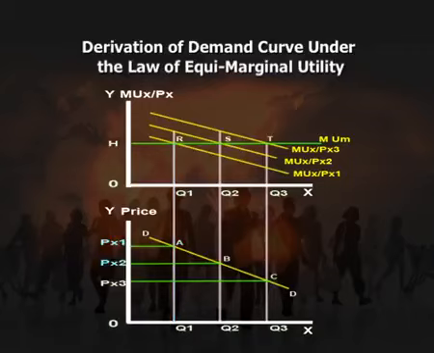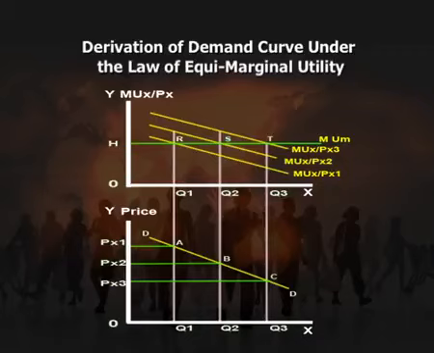When the price of X falls to PX2, the MUX divided by PX2 curve representing MU of money expenditure shifts upward to a new position. The consumer would buy OQ2 quantity of good X because at price PX2, MU of money OH is equal to MUX divided by PX2.